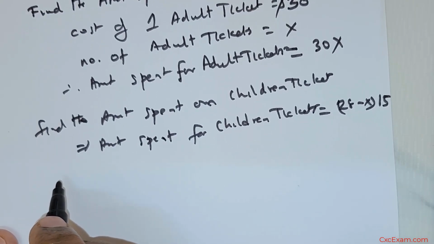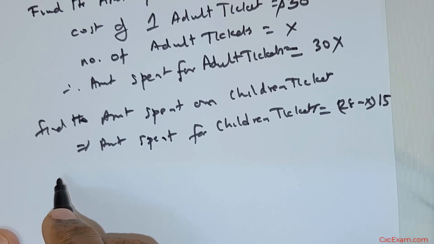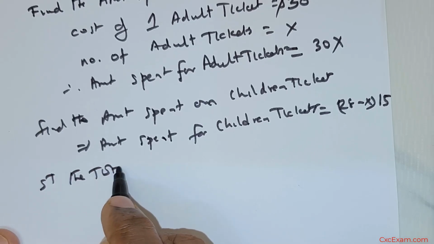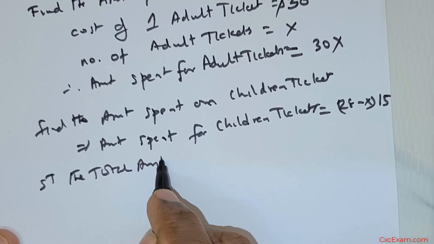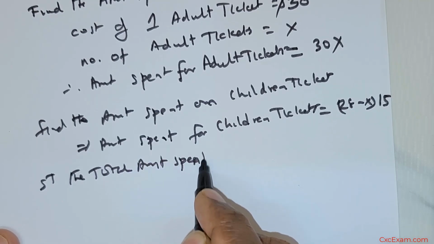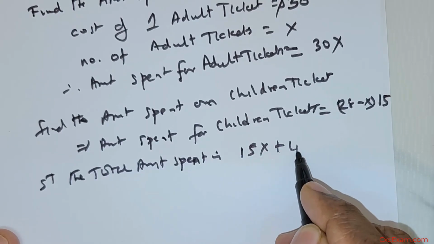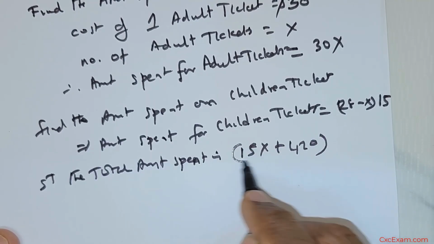Now show that the total amount spent on 28 tickets is 15x positive 420. Okay, so what they're asking us is show that the total amount spent is 15x positive 420.